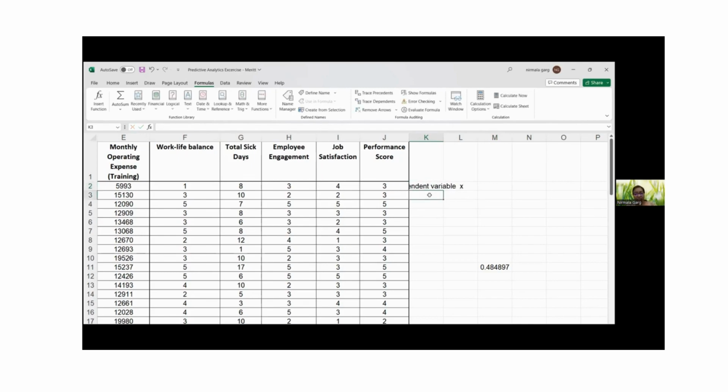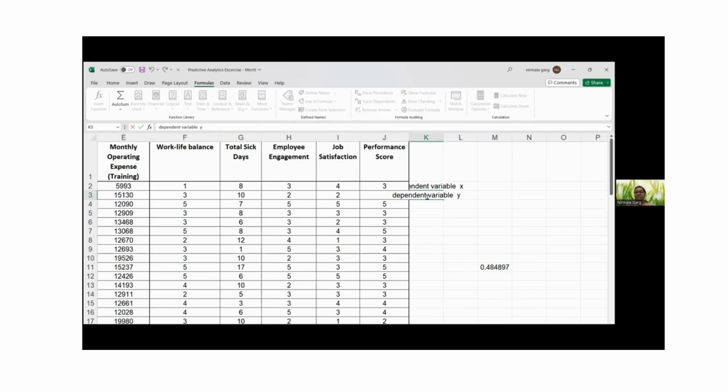The other one is the dependent variable, and I call it DV, and that is Y. Very clear, guys?